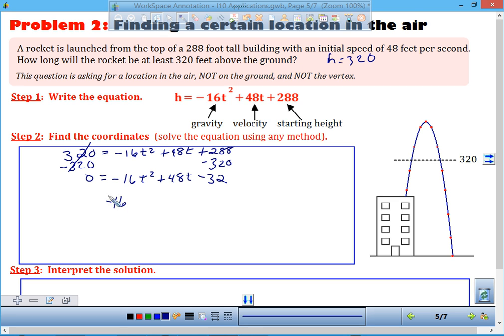I can take out negative 16. So I have t squared minus 3t minus 2.